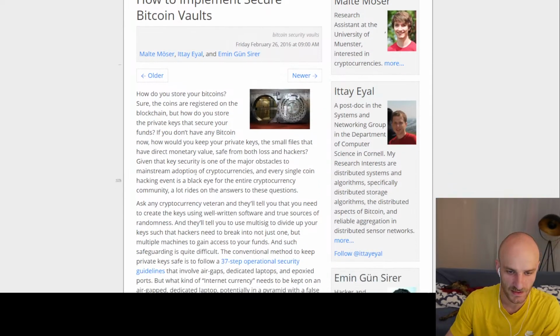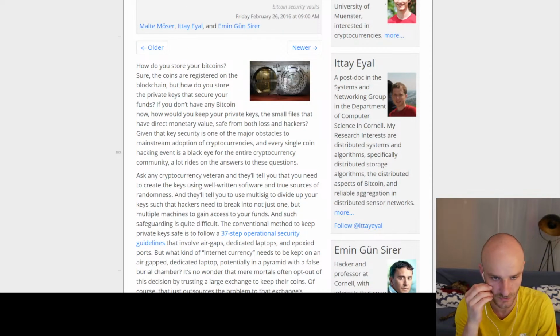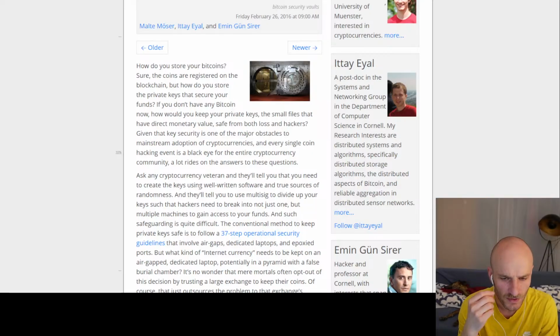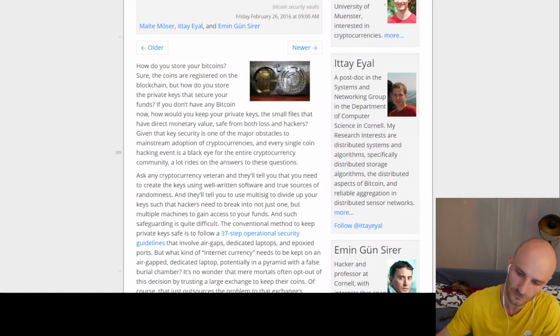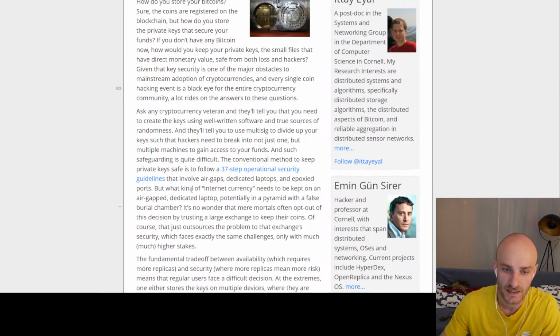Given that key security is one of the major obstacles to mainstream adoption of cryptocurrencies, and every single coin hacking event is a black eye for the entire cryptocurrency community, a lot rides on the answer to these questions. Ask any cryptocurrency veteran and they'll tell you that you need to create the keys using well-written software and true sources of randomness.